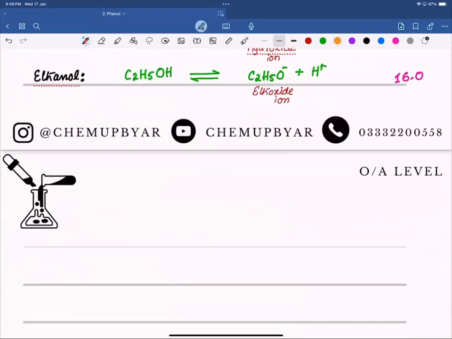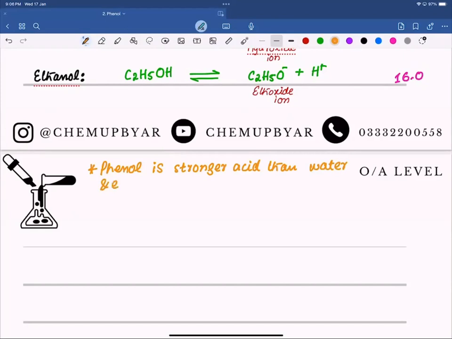So I can comment that phenol is a stronger acid than water and ethanol.